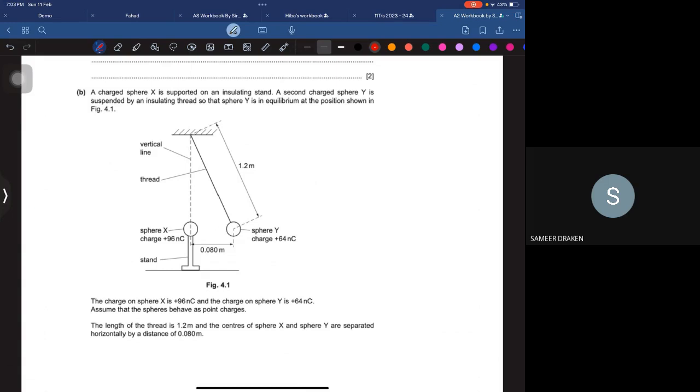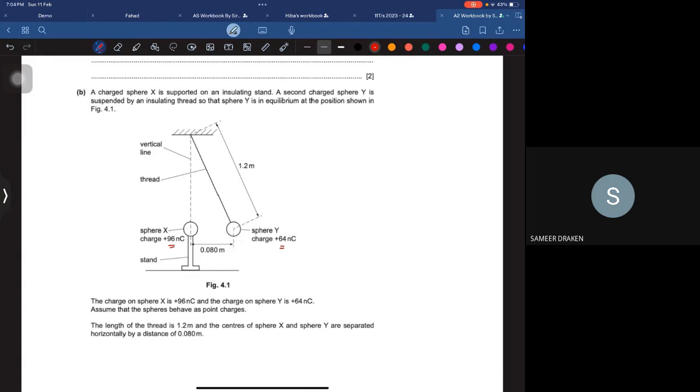It says the charged sphere X is supported on an insulating stand. A second charged sphere Y is suspended by an insulated string so that Y is in equilibrium, and the charge on X is 96, as you can see, and charge on Y is 64.